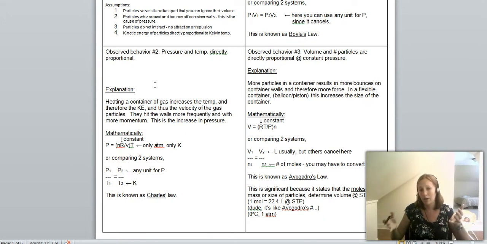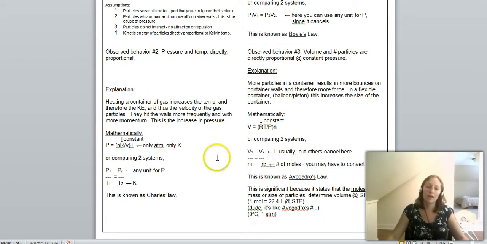Kinetic energy is 1/2 mv squared. So you're increasing the kinetic energy, so either the mass of the particles or the velocity of the particles is going to go up. You can't really increase the mass. So they go faster. When they go faster, they hit the walls more, and pressure is basically how much force is being applied to the walls. So if they hit more frequently, then you've got more pressure.